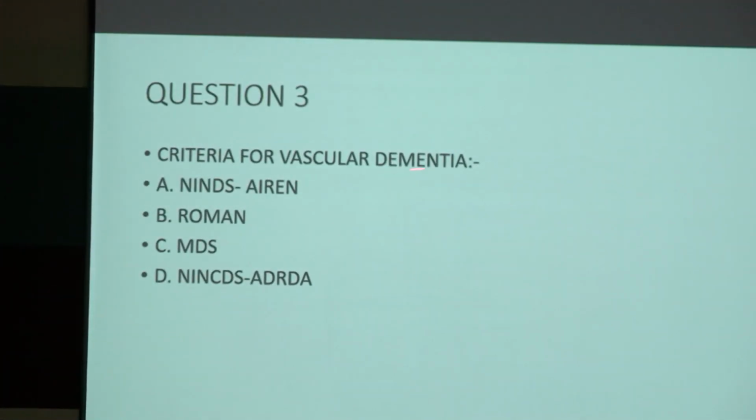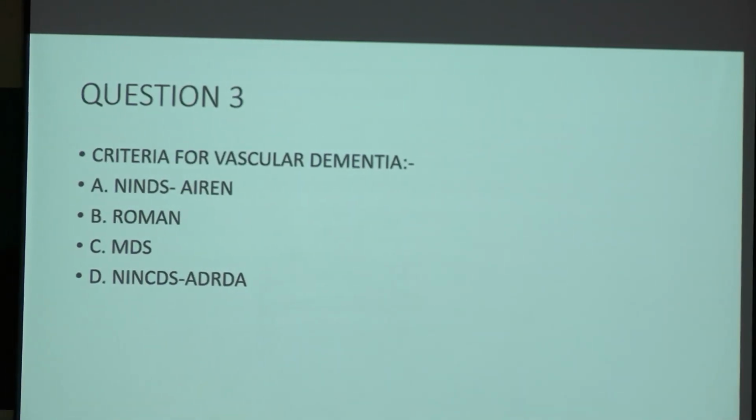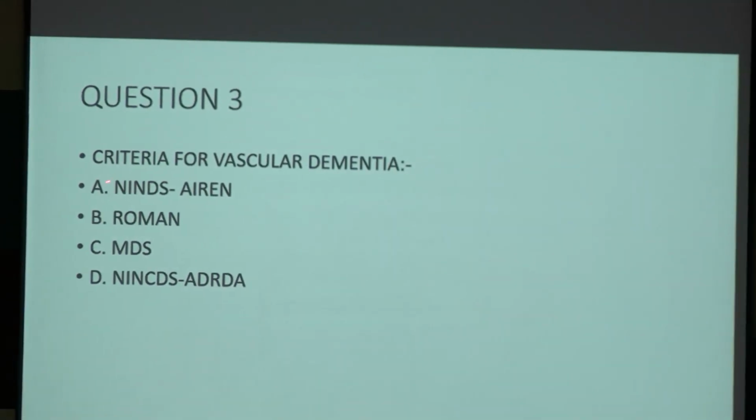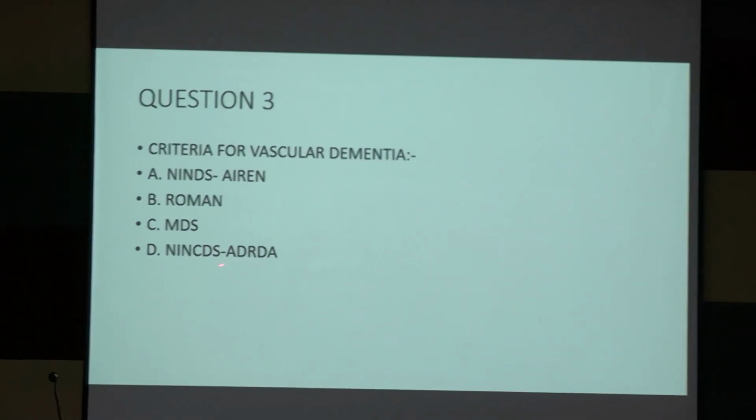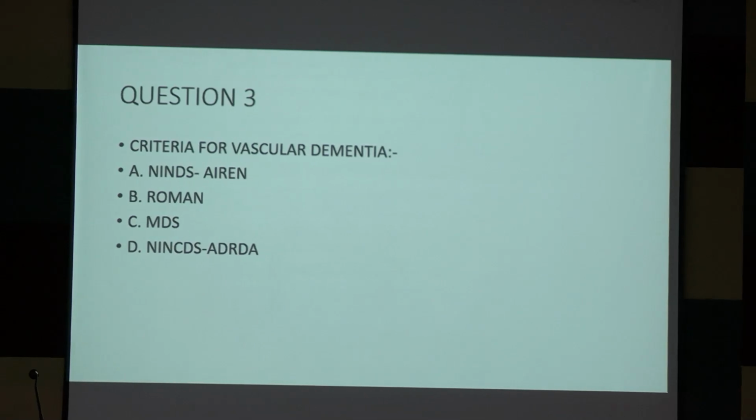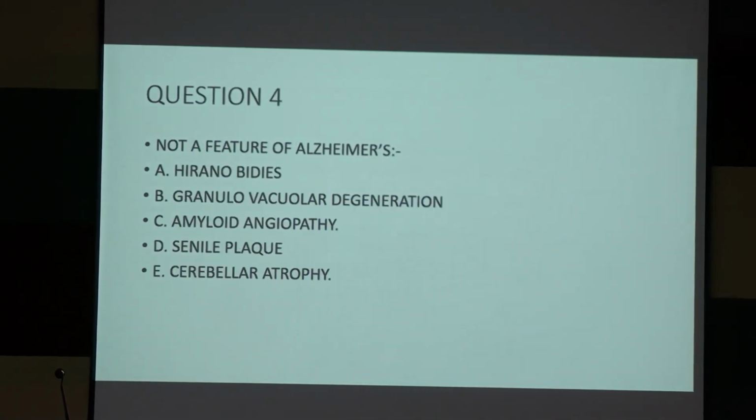Criteria for vascular dementia, number A, NINDS-AIREN, ঠিক আছে, and this one is for other. NINDS-AIREN টা মনে রাখতে হবে for vascular dementia.